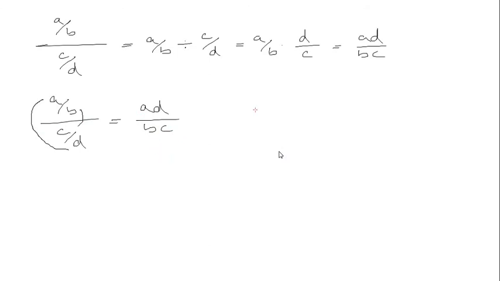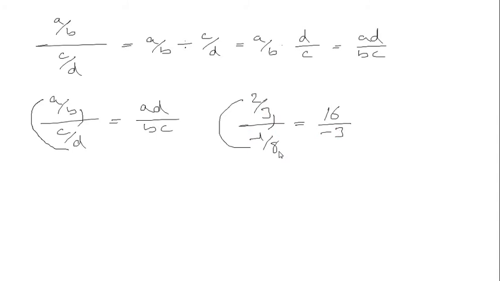Let's take a look at one example. 2 over 3 over negative 1 over 8. So the two numbers that are farther away from each other are 2 and 8. You multiply them, you get 16. And the two numbers that are closer, 3 and negative 1, you multiply them, you get negative 3.